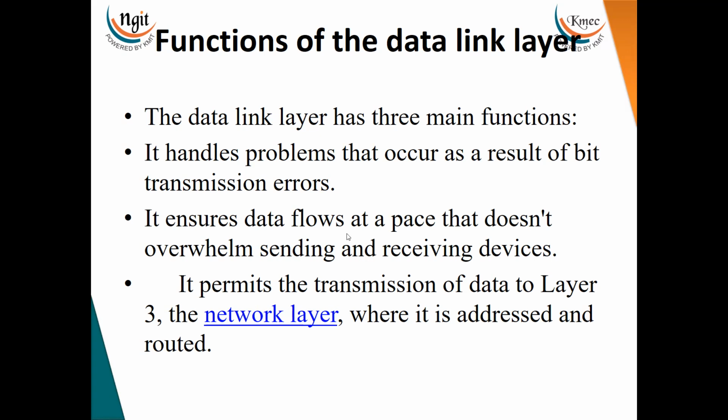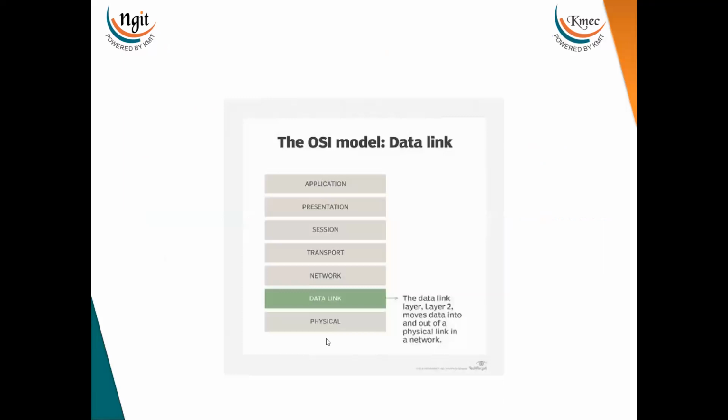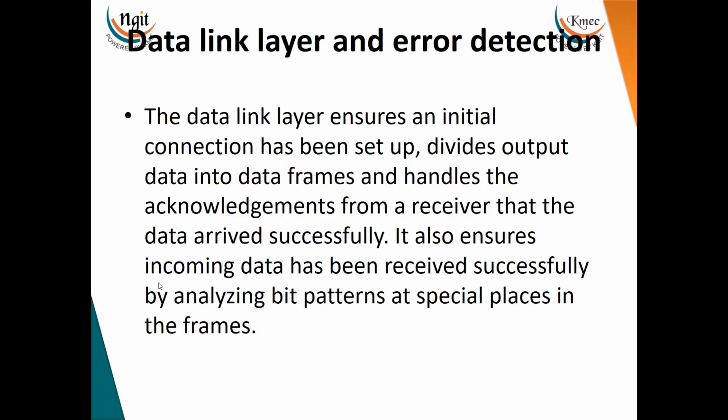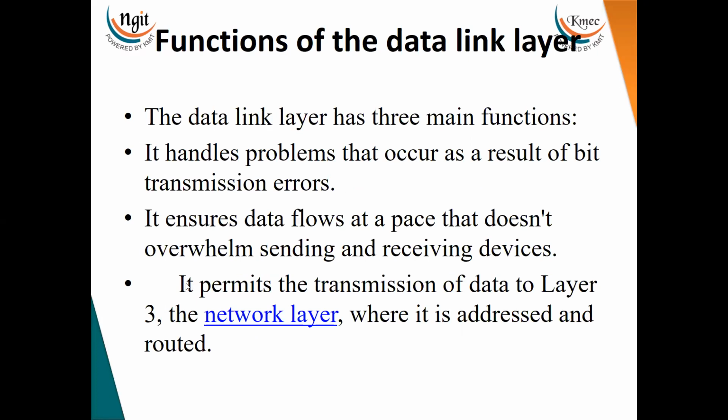Second, it ensures that data flows at a pace that does not overwhelm the sending and receiving devices. Third, it permits the transmission of data to layer 3, the network layer, where it is addressed and routed.